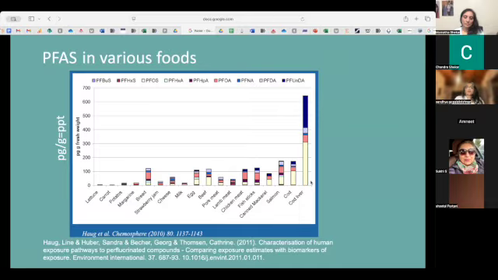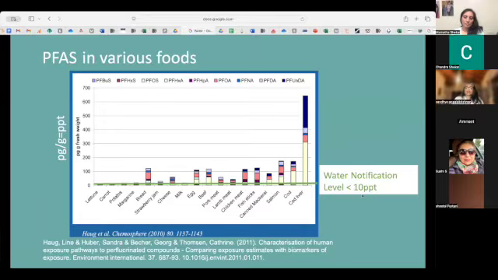It's off the chart. Our water notification level, meaning you should get a notification, is at 10 ppt, way down there. So water is not the thing I would be losing sleep over for PFAS contamination. Of course, if you live in the US.